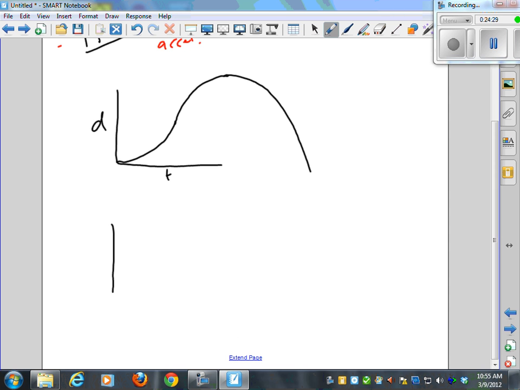Now the VT graph, is there positive and negative velocity? Sure there is, right? It's going up the ramp for the first 2 seconds and increasing in speed, right? And then it decreases in speed down to 0, and then it speeds up negatively, and probably at the same rate.